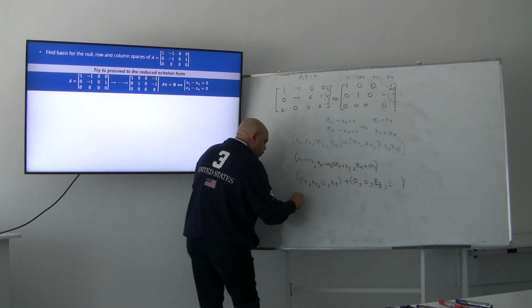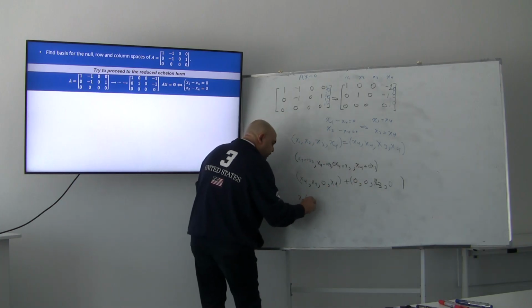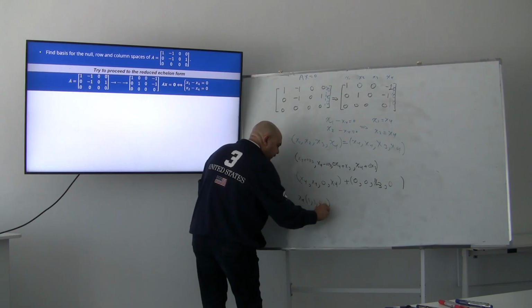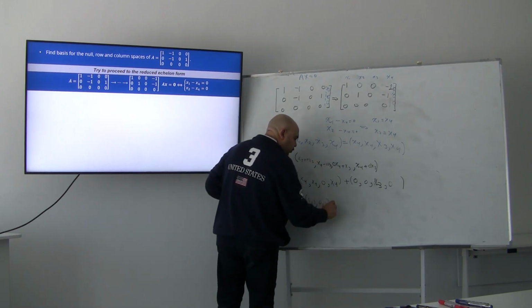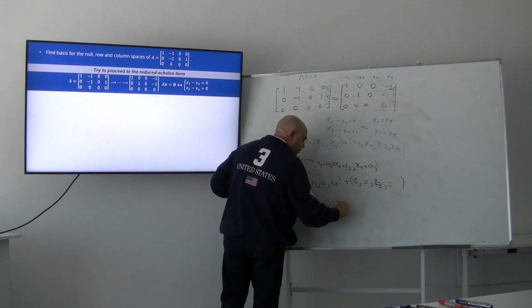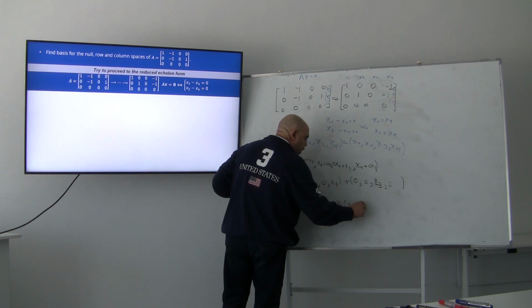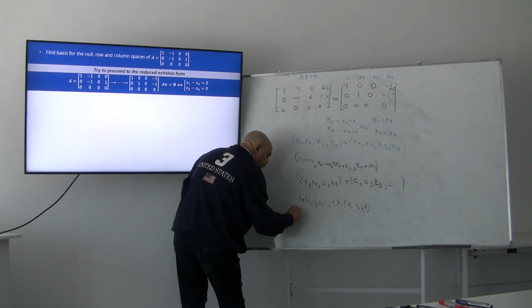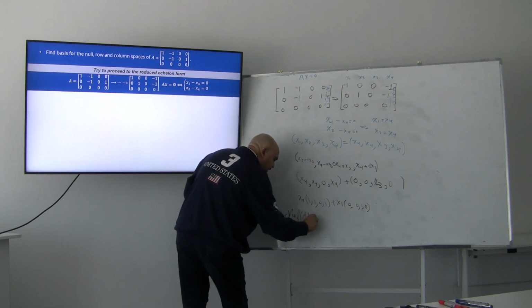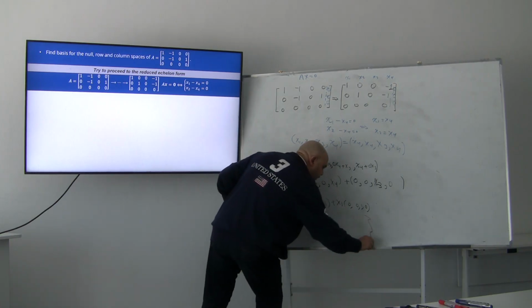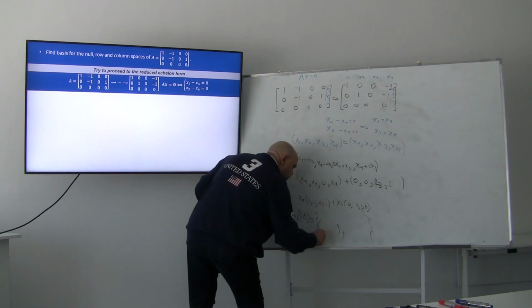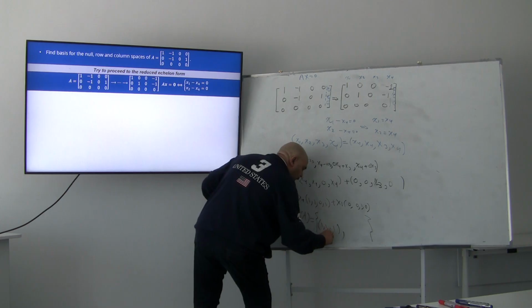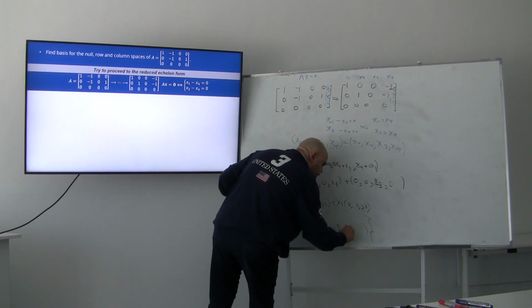I can take x4 as a common factor, so the first vector of this vector space is 1, 1, 0, and 1. The second vector is 0, 0, 1, and 0. And so the null space of A will be simply the set that consists of the first vector, which is 1, 1, 0, and 1, and the second one, which is 0, 0, 1, and 0.